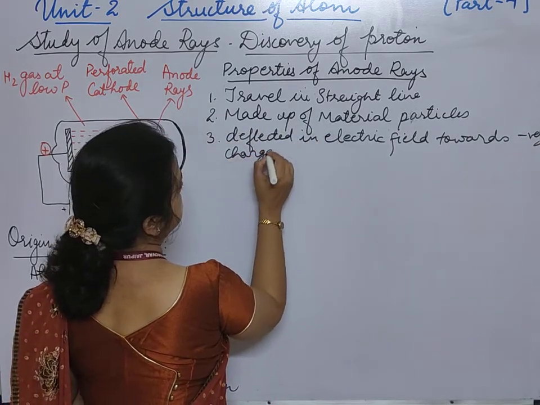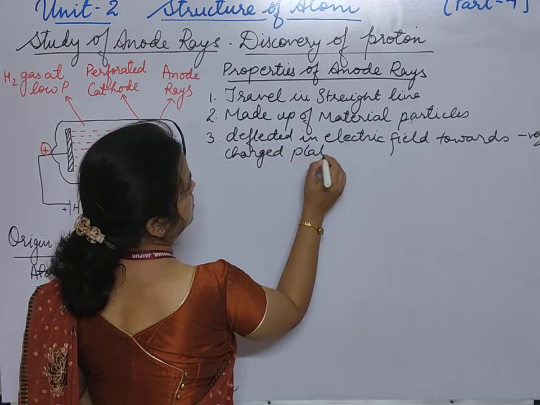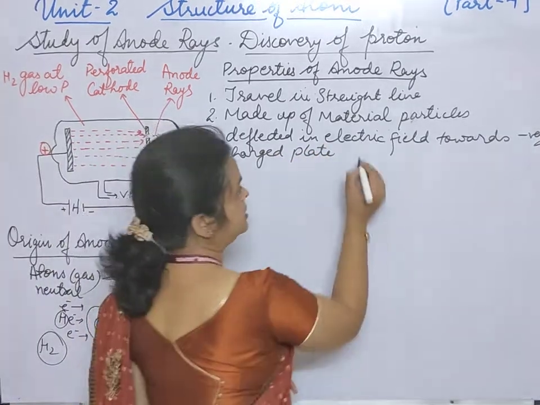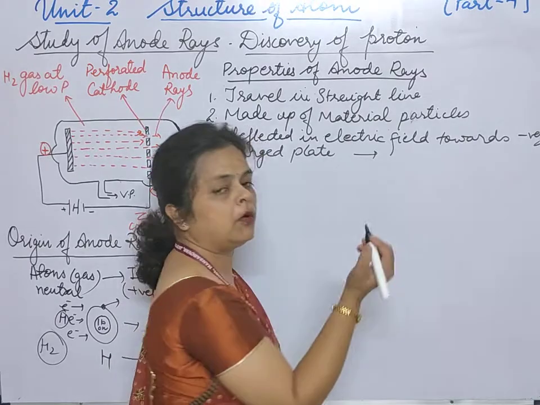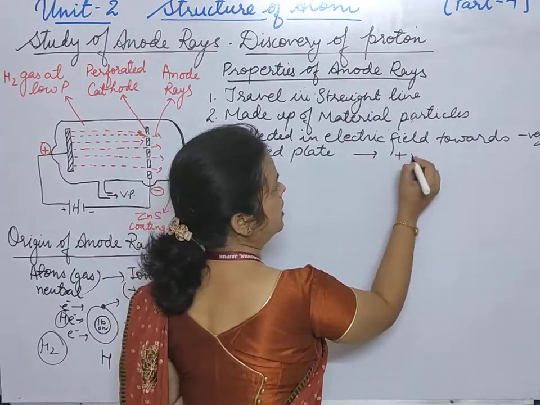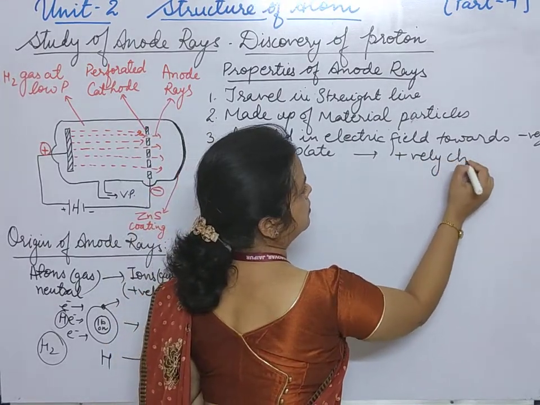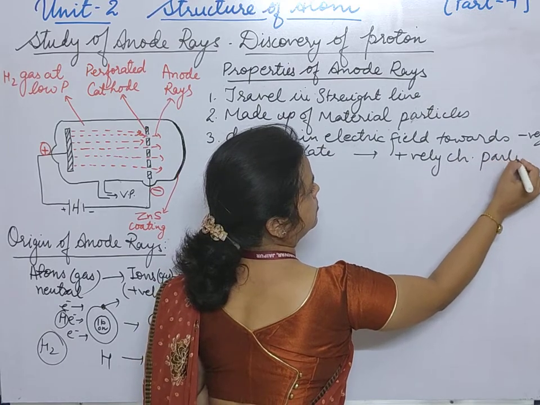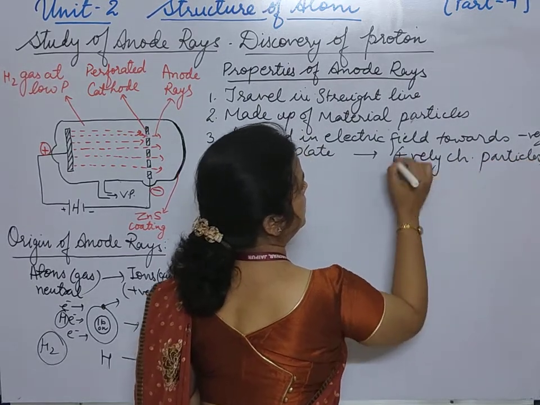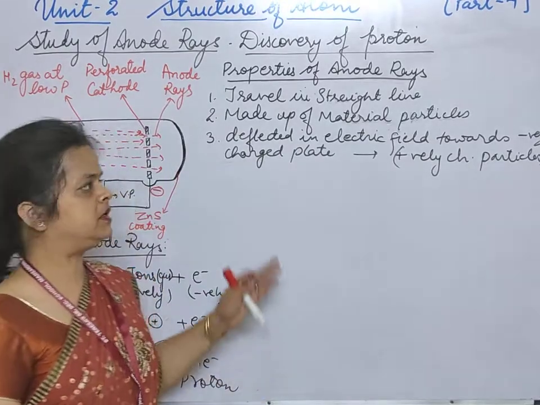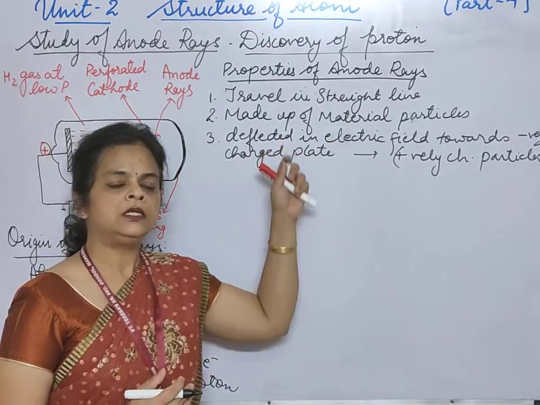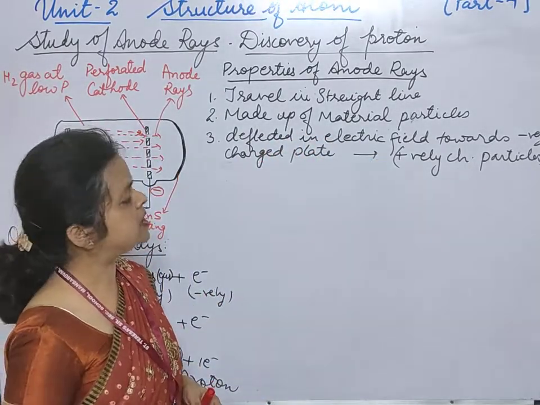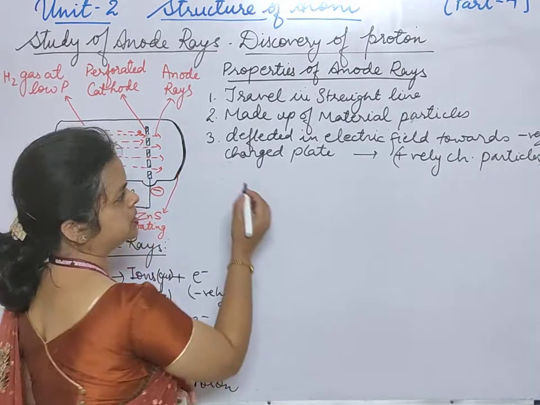What does it show? Showing that they are a beam of positively charged particles. So in the electric field, they deflect towards the negatively charged plate, showing that they are carrying the positive charge.